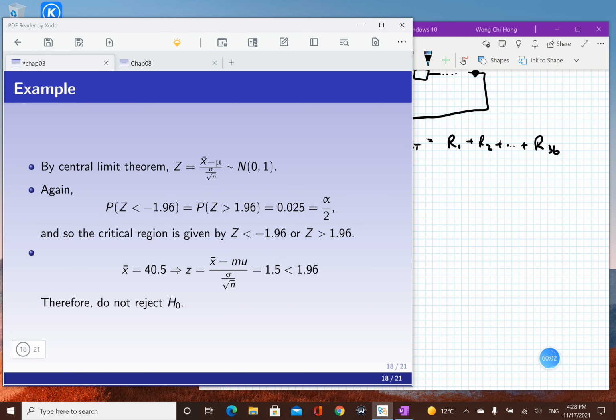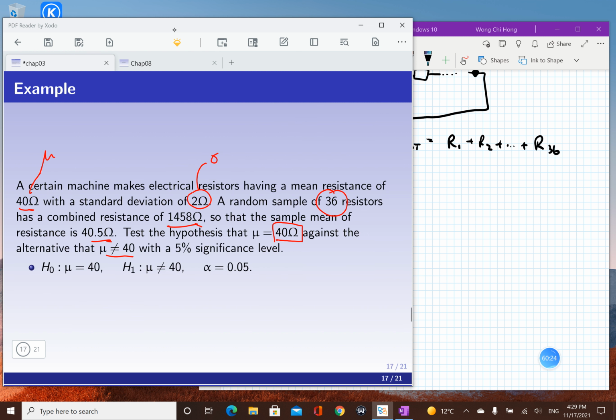That means what? With a 5% significance level, I want 2.5% this way, and 2.5% this way. A 5% significance level, that means I've got a two-tail test.